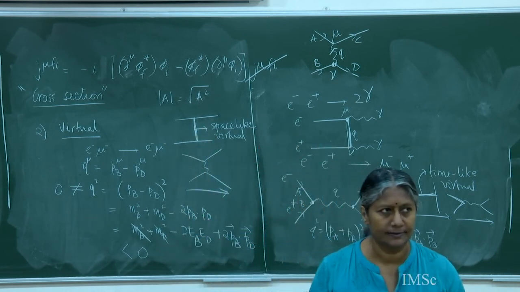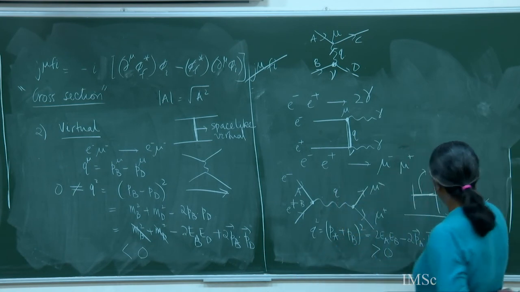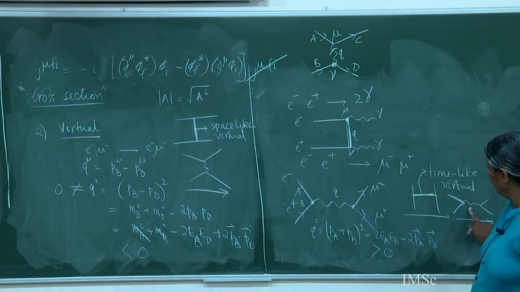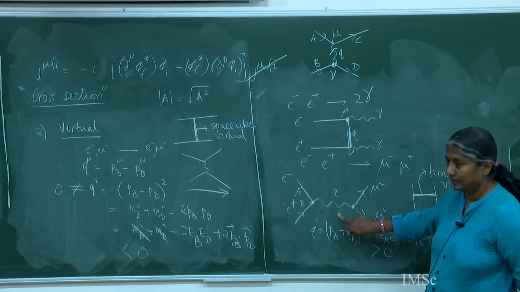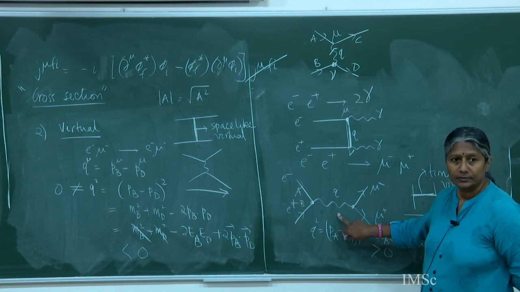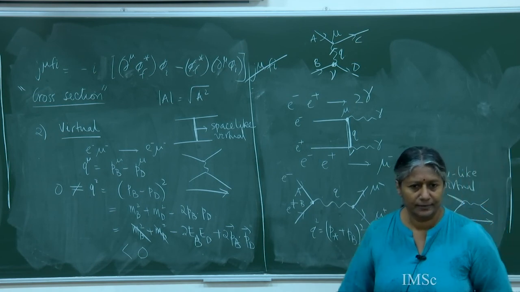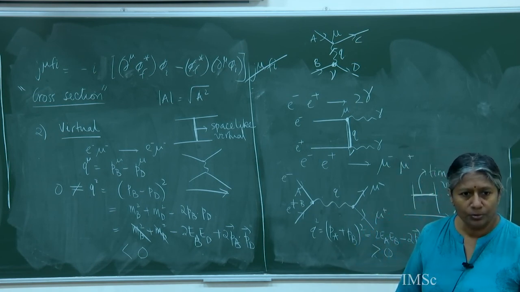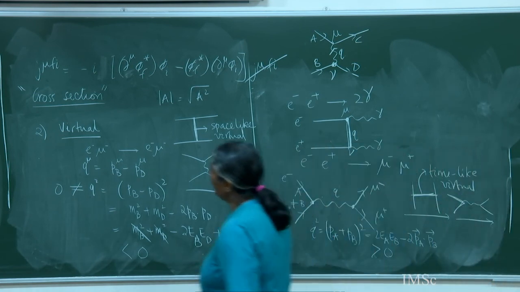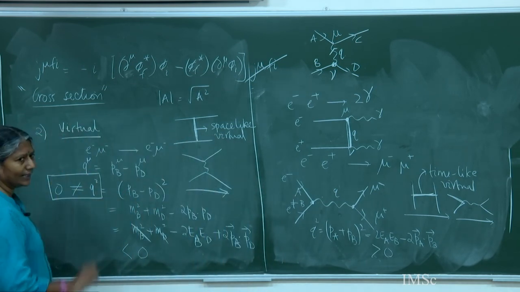Yes, ask. Ma'am, in the right corner figure, in this figure, the photon is our propagator. Yes. But it is a time-like propagator, right? Exactly. Can it be seen? No. A photon can be seen only when q squared equals 0, neither space-like nor time-like, but light-like, right?